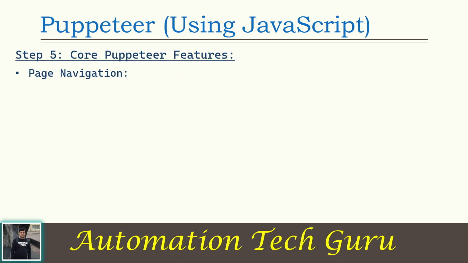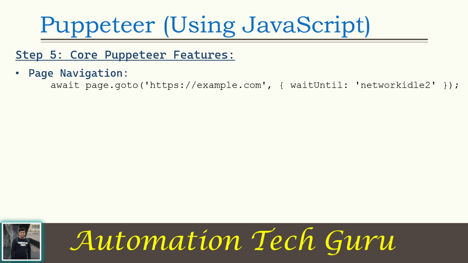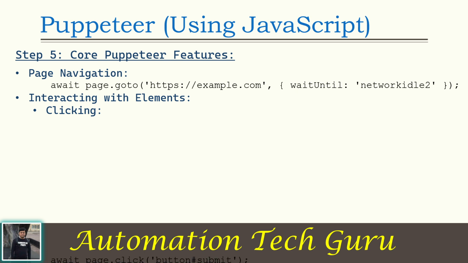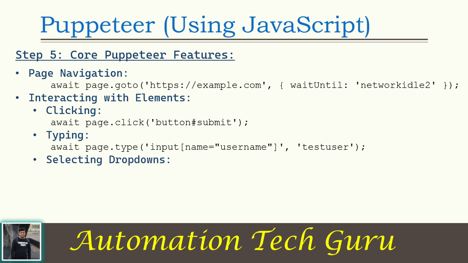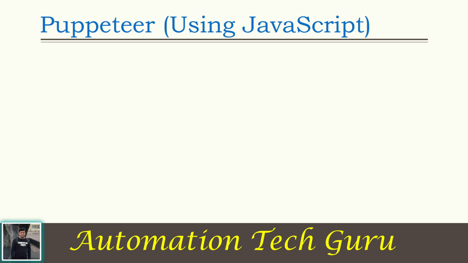Core Puppeteer features. Page navigation: await page.goto('example.com', waitUntil networkidle). Interacting with elements, like clicking: await page.click, and you pass the button selector. Typing: you can use page.type with the input name username and the text test user. Selecting a dropdown: await page.select with role admin.